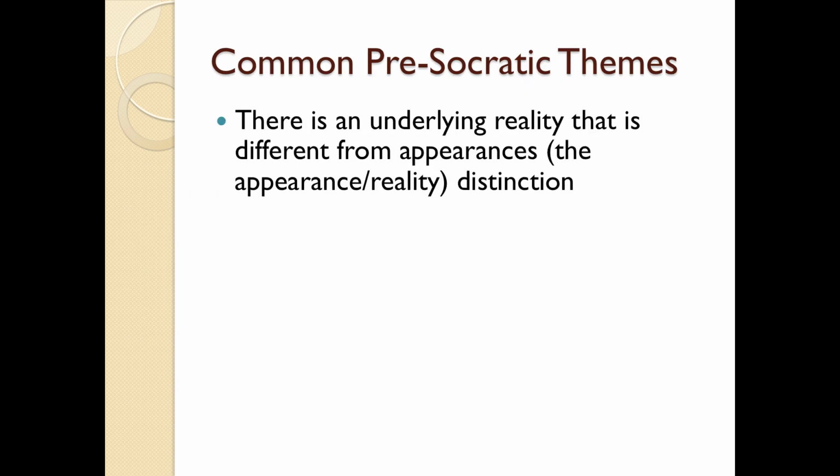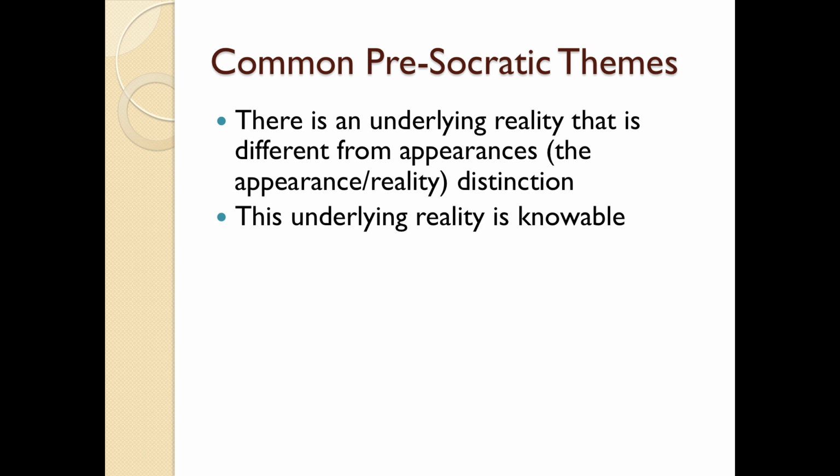Okay, so this is the final slide of this lecturette. So notice that there are some common pre-Socratic themes. And one of them is there's an underlying reality that's different from the way things look. So there's a distinction between what we see in the observable world and the way things really are. The second understanding is that the Pre-Socratics were primarily not skeptics.